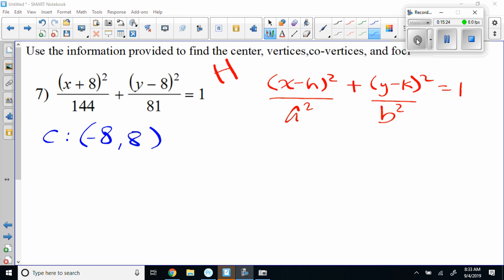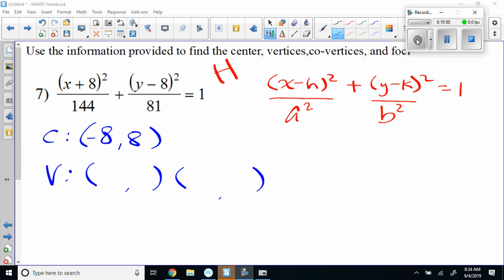Vertices. Now, I'm looking for an ordered pair. Okay? Because basically I'm looking at, can you plot? So, my vertices, I'm going to have two answers. Reason I got two answers is because I got two vertices, right? Vertices is plural.